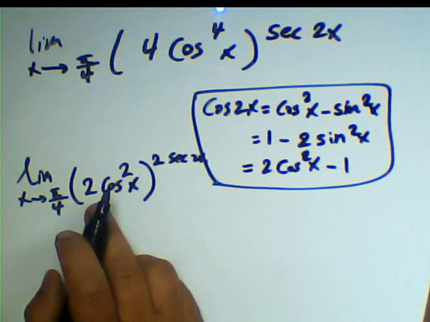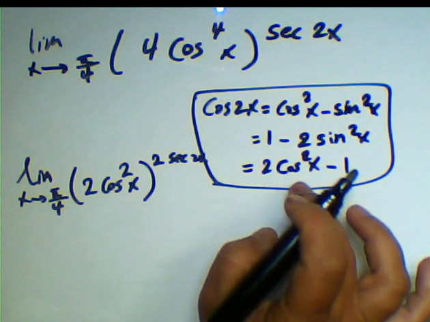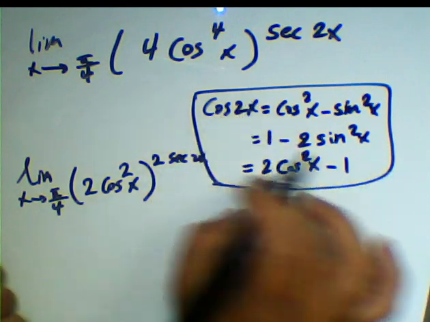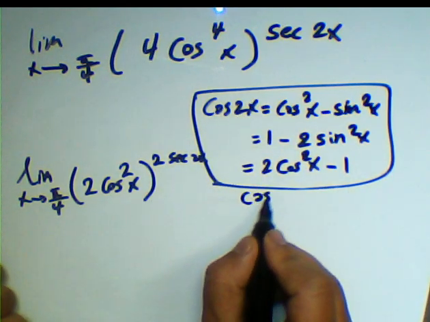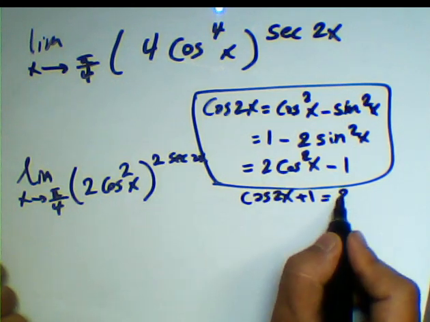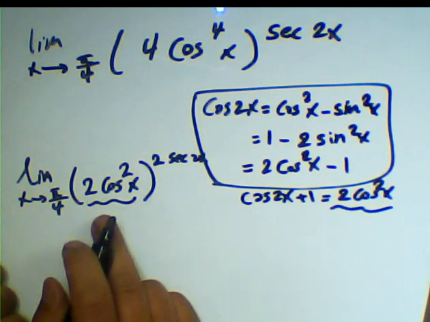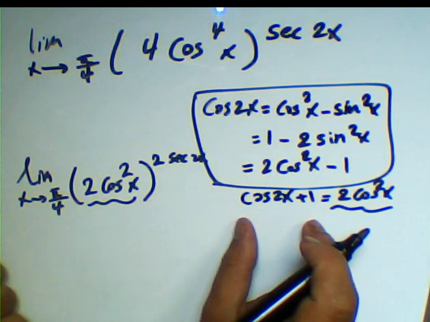Put 1 here with cosine squared x. It means cosine 2x plus 1, moving negative 1 over, then cosine 2x plus 1 equals 2 cosine squared x. Cancel 2 cosine squared x and write cosine 2x plus 1.